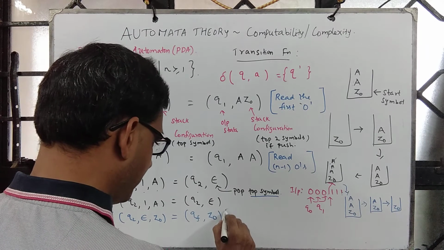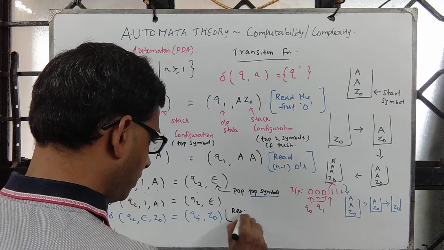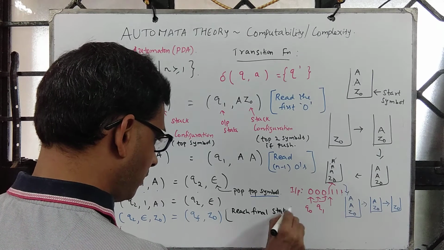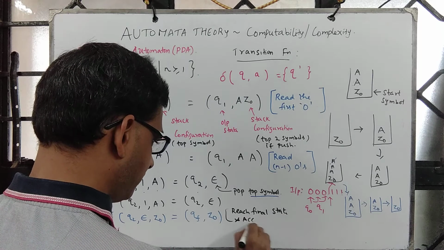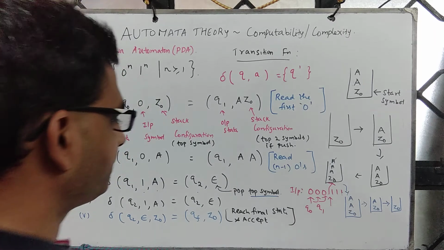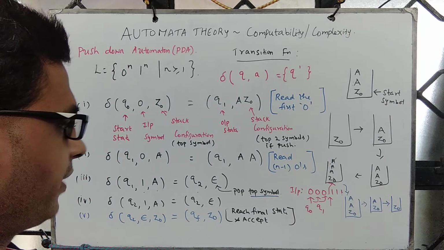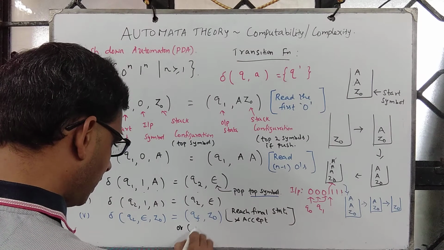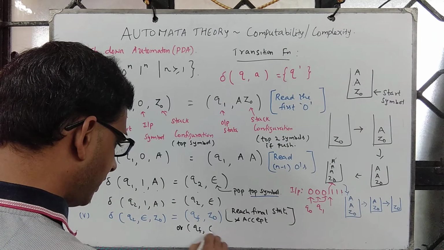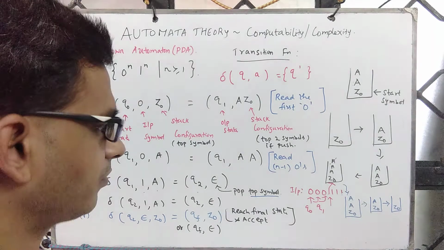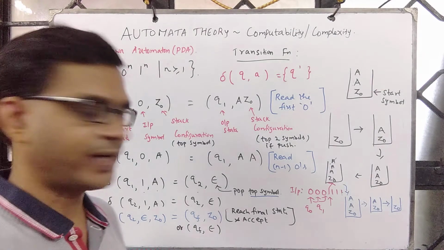So reach final state and accept. Meaning reaching the final state itself, it says accept. Or one can also write QF comma epsilon, which means even this Z0 is also removed. Both are acceptable. Both are in fact equivalent.